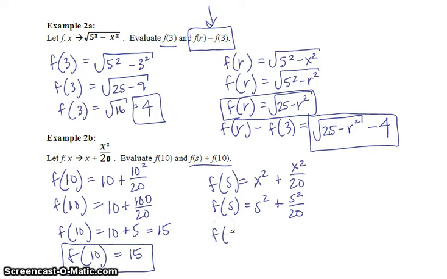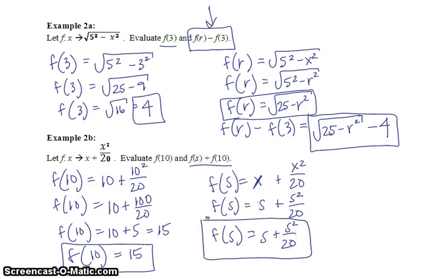Oh, I apologize, actually, this is not an s squared. Let's erase that, because it was not an x squared. So it should have been an x, and in this case it's an s. That probably makes sense. So f of s equals s plus s squared over 20. That's all the more you can do with that f of s.